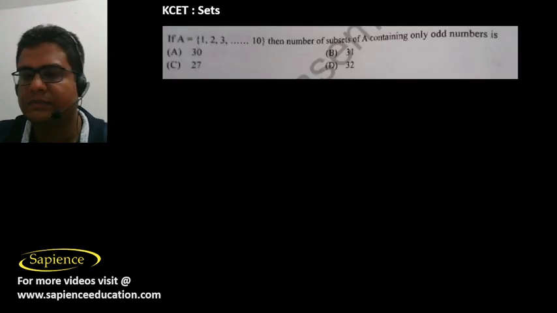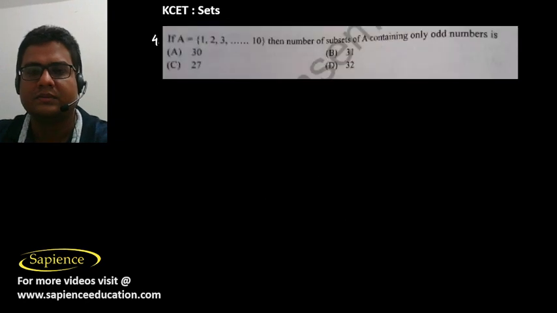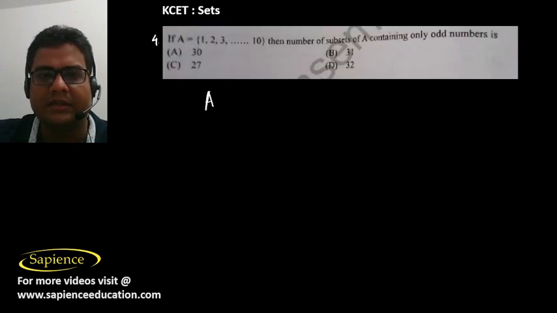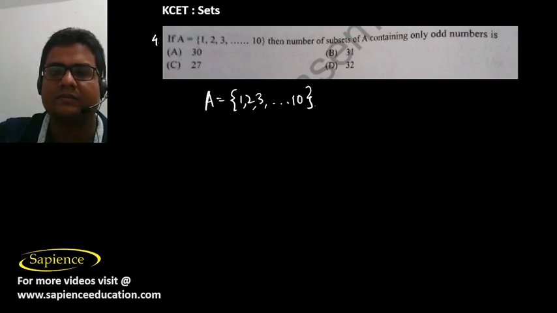Then in question number 4 it is told that if A is the set of all the natural numbers from 1 to 10, then the number of subsets of A containing only odd numbers is.